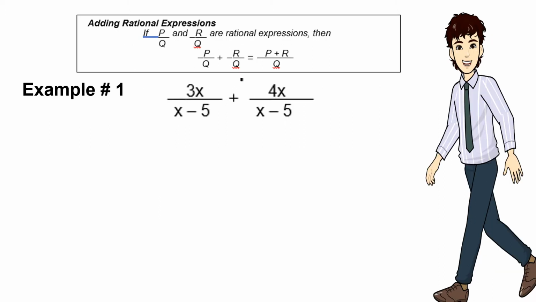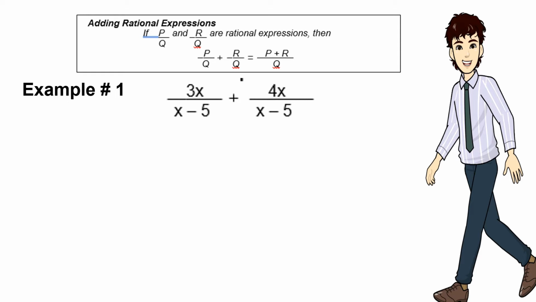Let's have an example number 1. Given 3x over x minus 5 plus 4x over x minus 5. Take a look at the given rational expression. Observe muna natin what is the denominator. Do we have the same denominator or different denominator within our given addends?